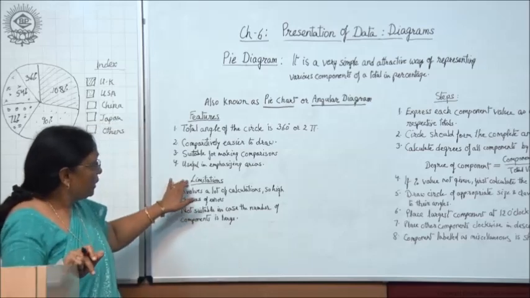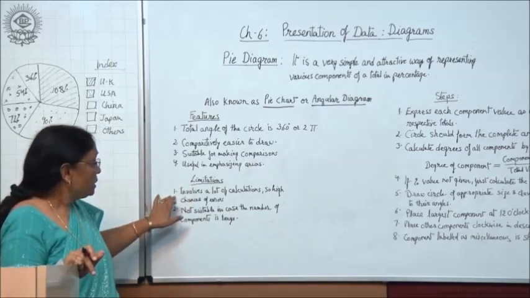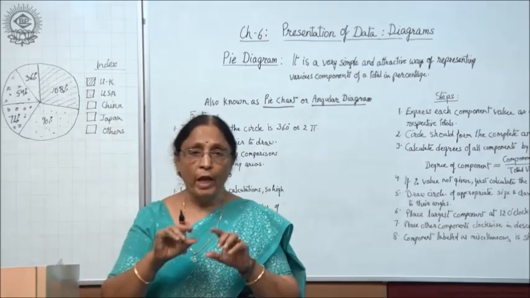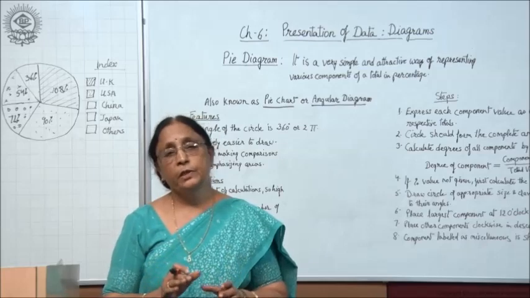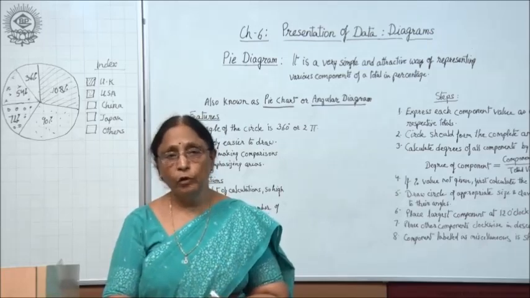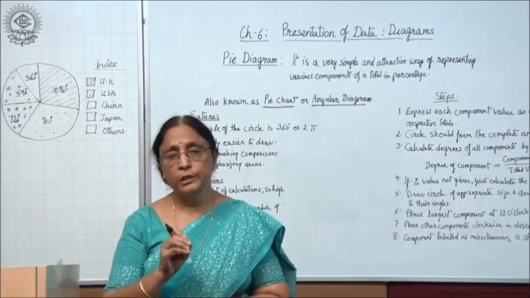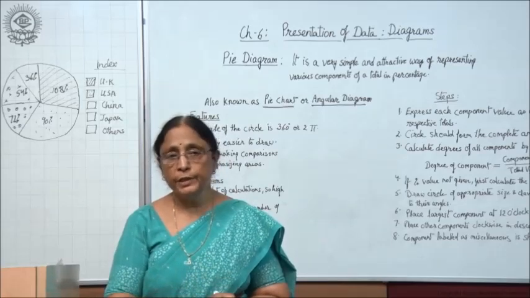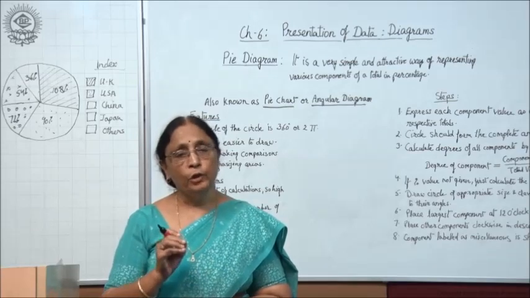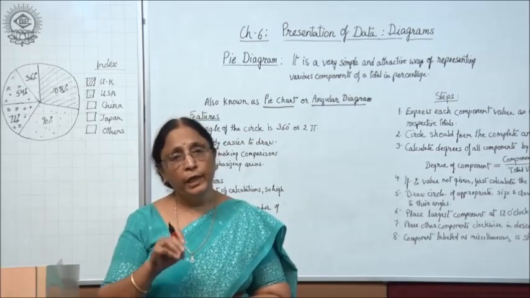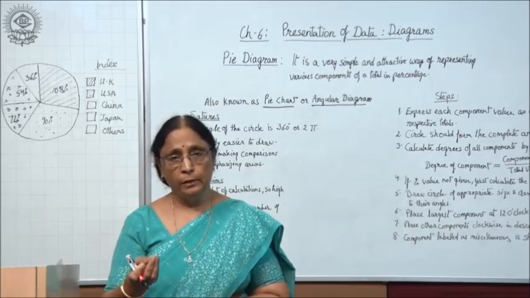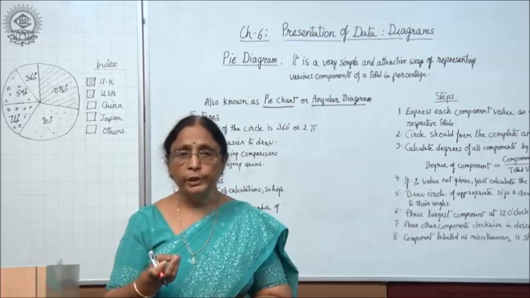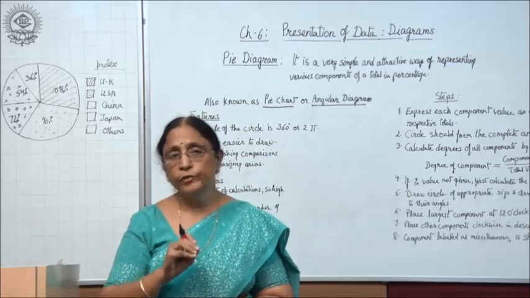Now let us move to the limitations. One is, as you have to show the percentage on the basis of angles, sometimes a lot of calculations are involved. If the total value is not given in percentage, first you will convert it into percentage, and when you have converted them into percentage, again you have to convert them into angles, because only according to the converted degrees of angles will you be able to divide the circle into different parts.